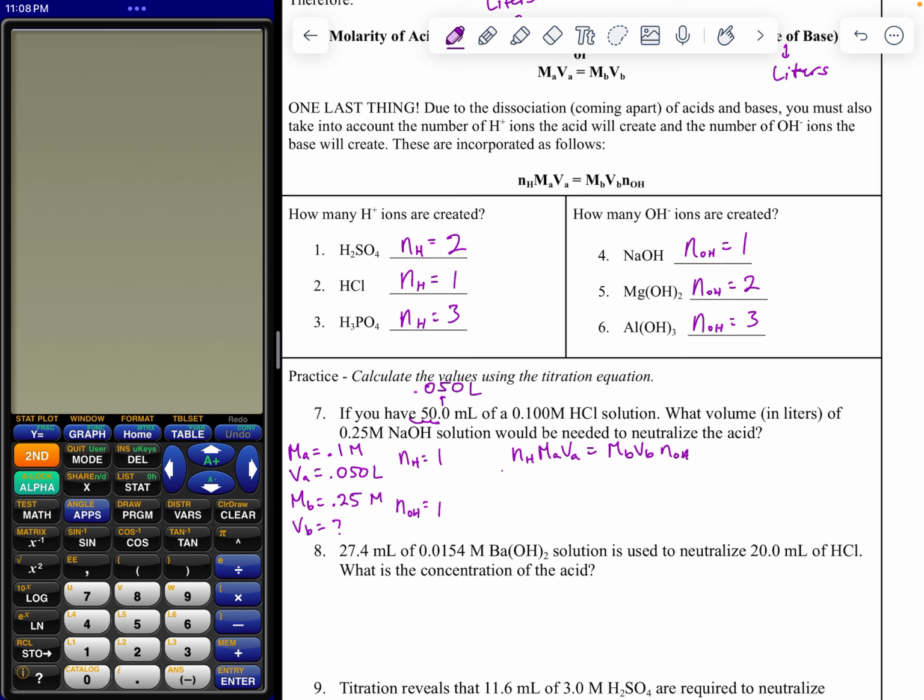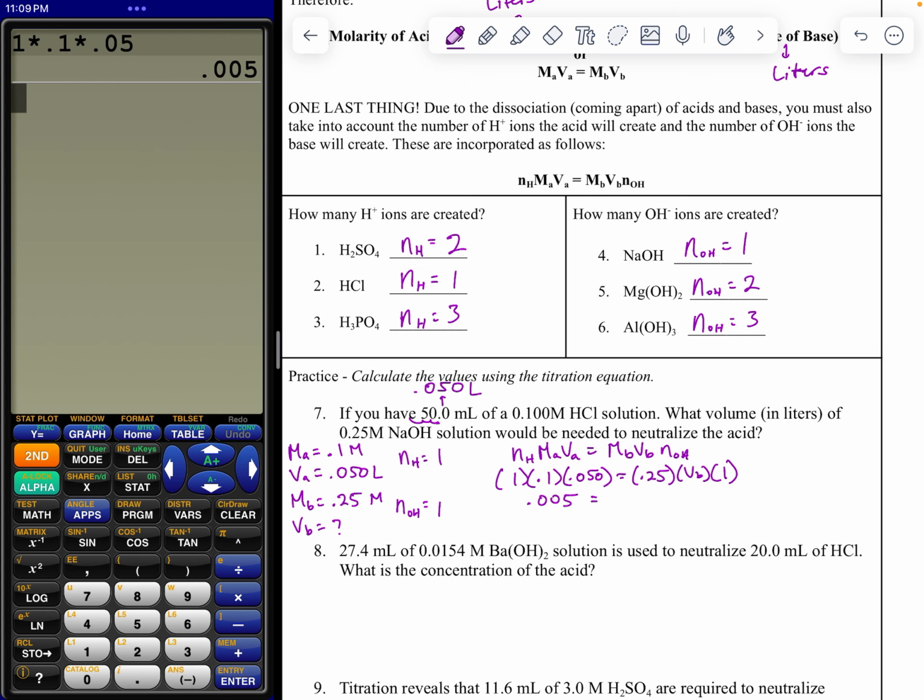We're multiplying here. And then I plug in. The molarity of the acid was 0.1. The volume is 0.050, right? The molarity of the base, 0.25. Volume of the base, we do not know. We also know that there's a value of 1 there. So when you are going through your calculations, take 1 times 0.1 times 0.05, and we end up with 0.005 on the acid side.